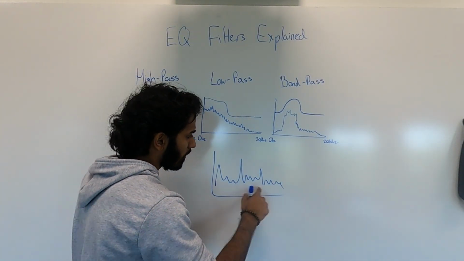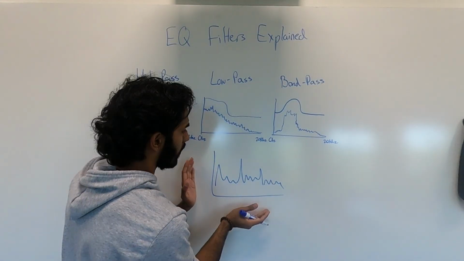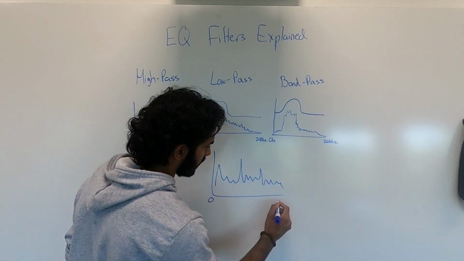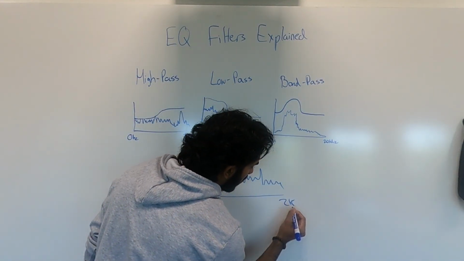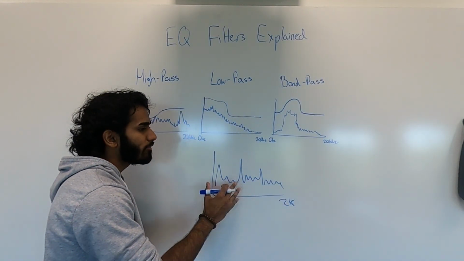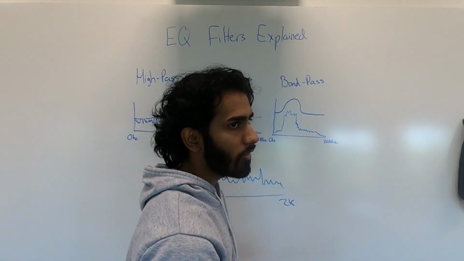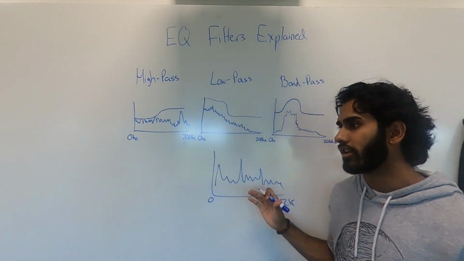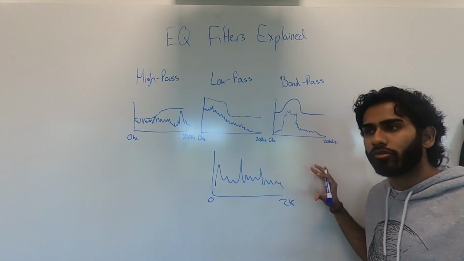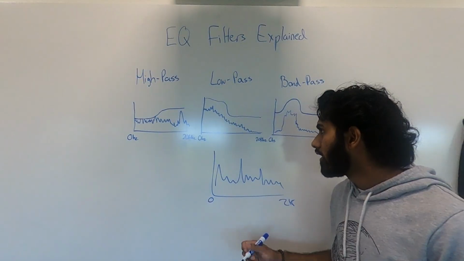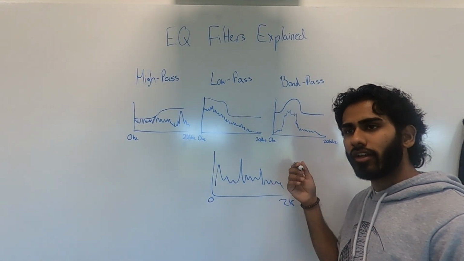And that's going to be all over the frequency range, from 0 to 20,000. It can be anywhere in here. So people's voices have certain elements of them that are going to clash with your melody, that are going to clash with your drums, or simply aren't good to listen to. They're too sharp or whatever. That's when this band pass filter is very useful.